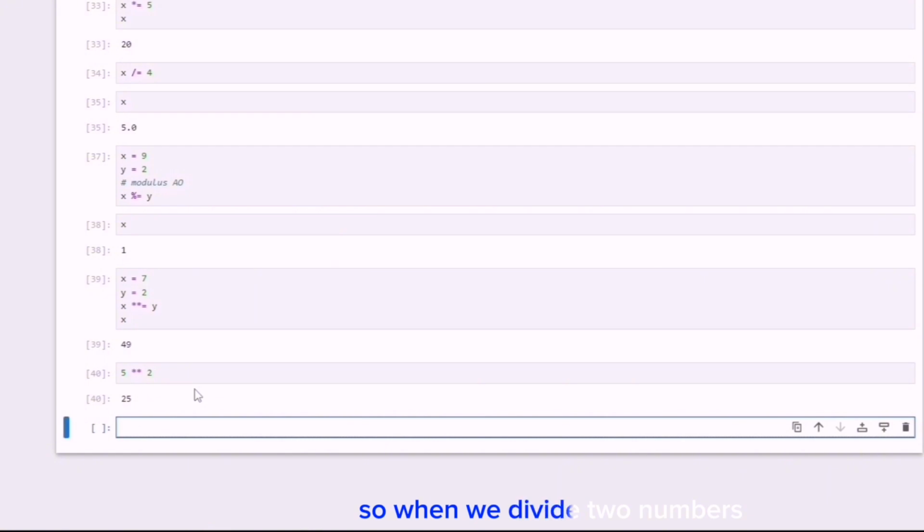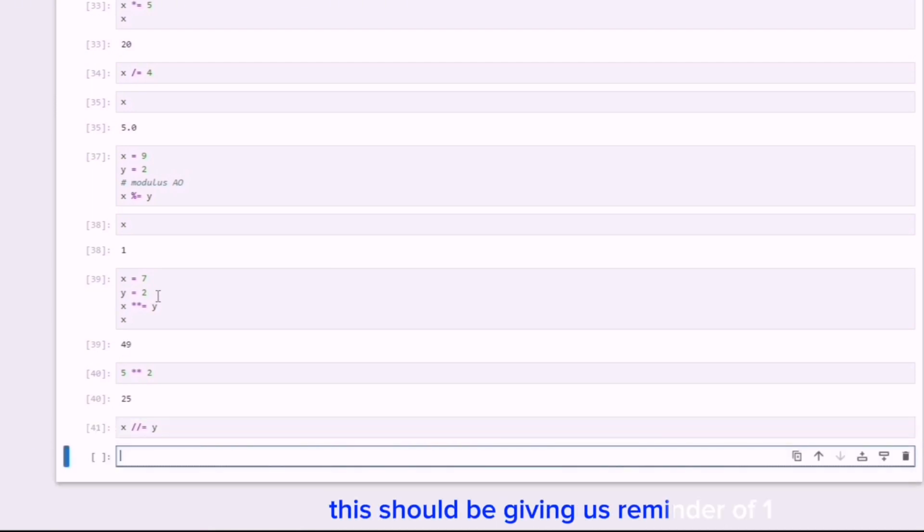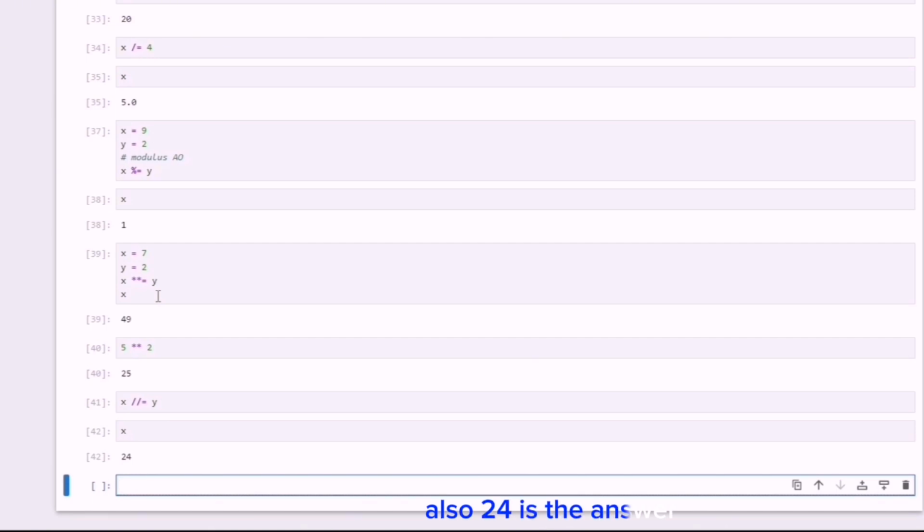So when we divide two numbers, the floor division simply gives us the whole number, leaving out the remainder. So if I have x floor division equals to y, this should give us the whole number. So simply we're saying 49 divided by 2, x, which is 49, and y, which is 2. This would give a remainder of 1. So if I print x out, 24 is the answer, because it's giving us the whole number, not the remainder.